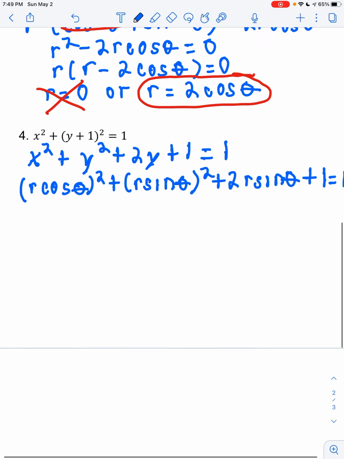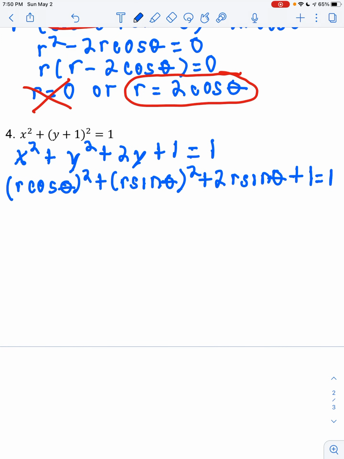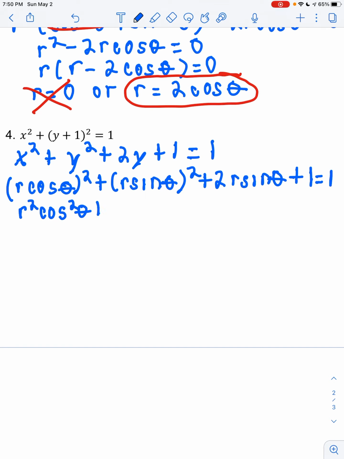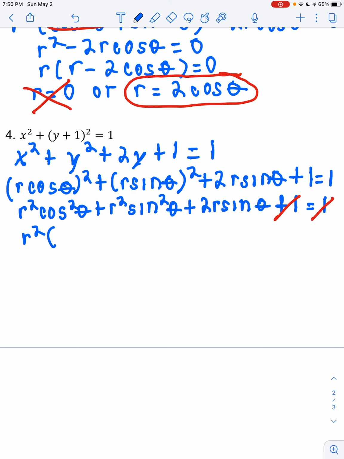So at this point, when I go to simplify, on the left side I have r squared cosine squared theta plus r squared sine squared theta plus 2r sine theta plus 1 equals 1. Of course, if I go to subtract 1 from both sides, those cancel. And we know we can factor r squared out of the first two terms.